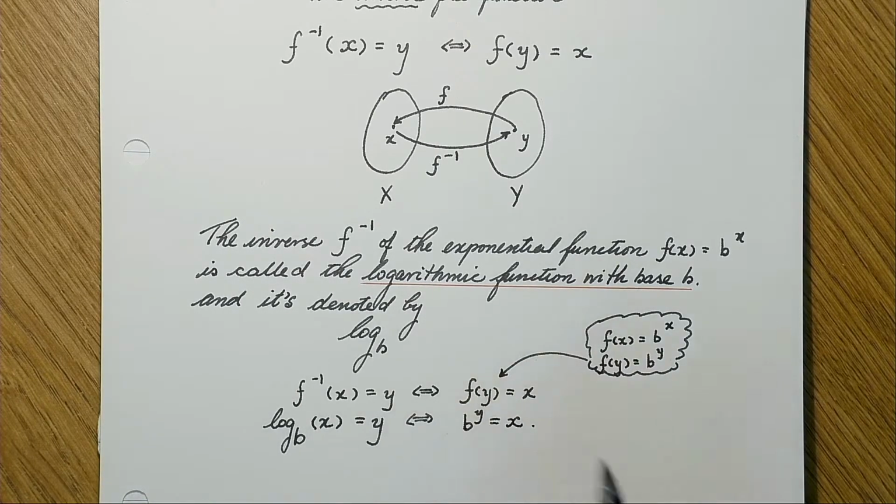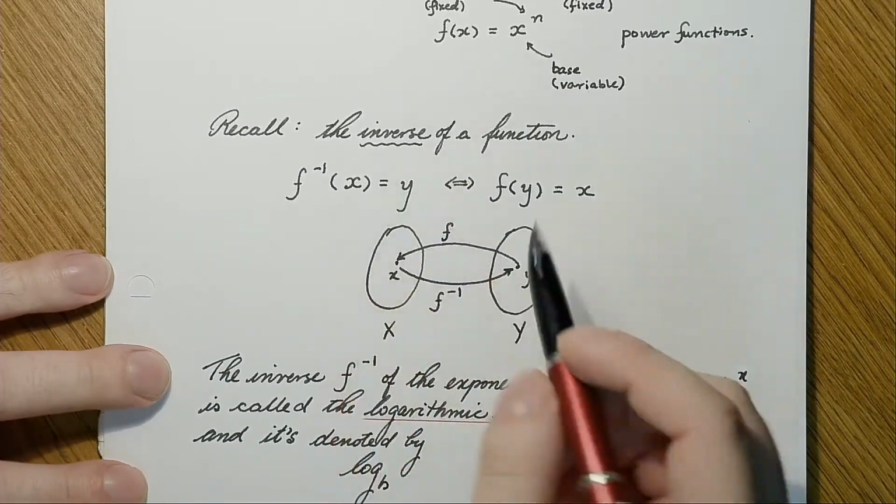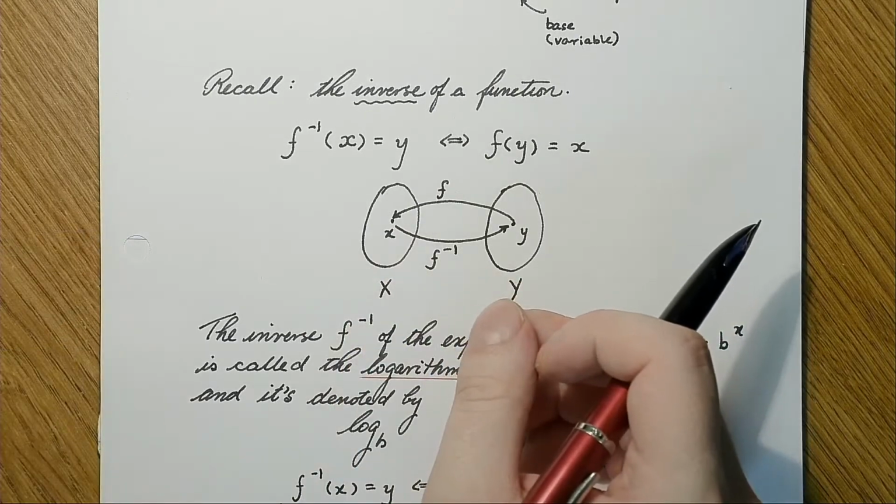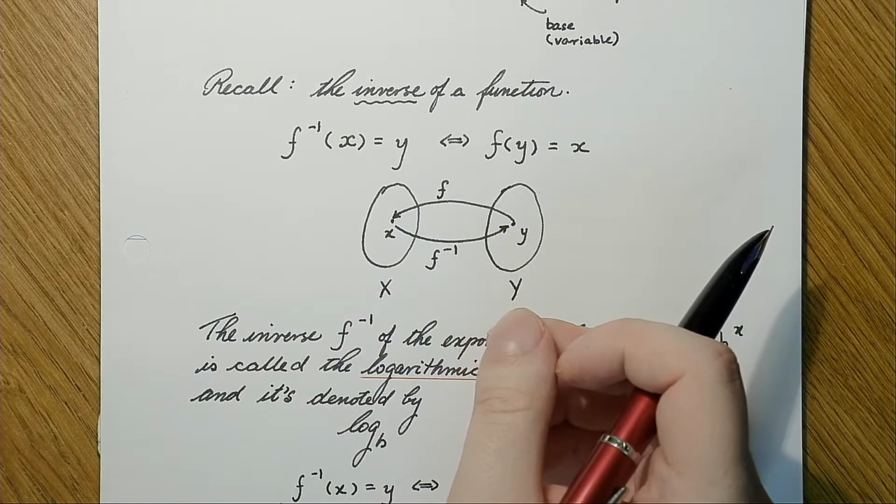So these are equivalent. So I could write it, the logarithm base b of x is equal to y is equivalent to b to the y equals x. Most of the time with an inverse function, what we do is, again, we're just swapping the domain for the range and the range for the domain.